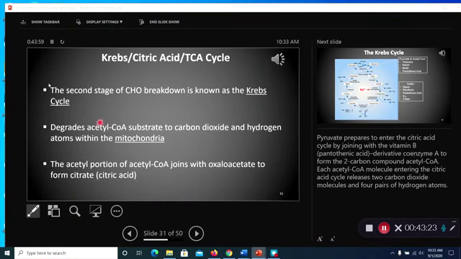So we know the product of anaerobic glycolysis is pyruvate. Pyruvate can degrade or be further broken down to acetyl-CoA. And the product of that breakdown is carbon dioxide and hydrogen atoms within the mitochondria.